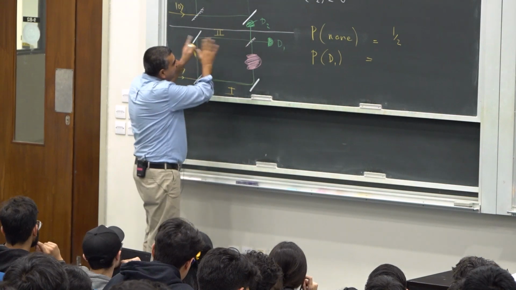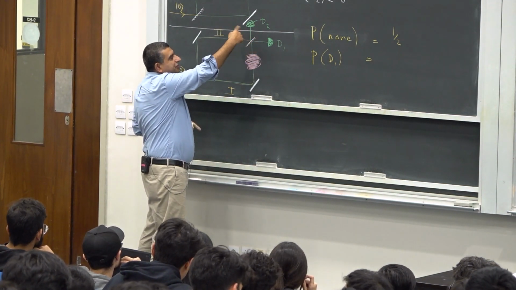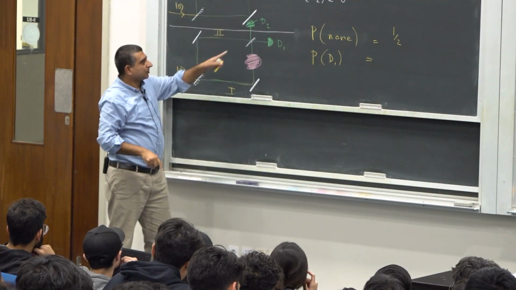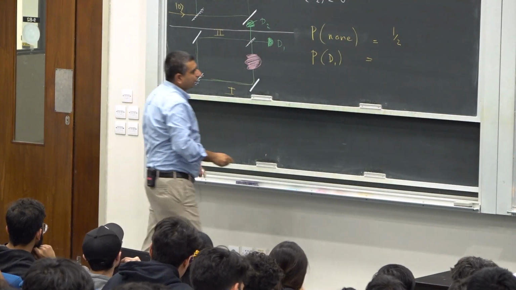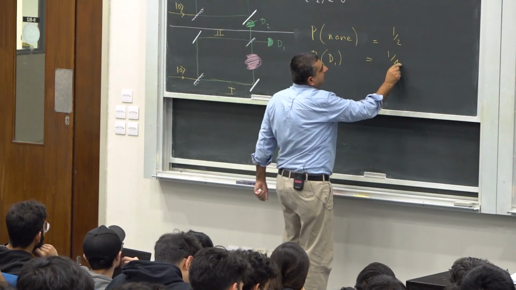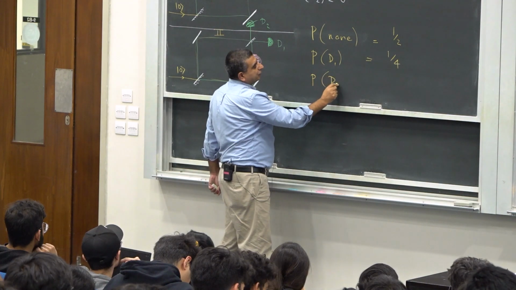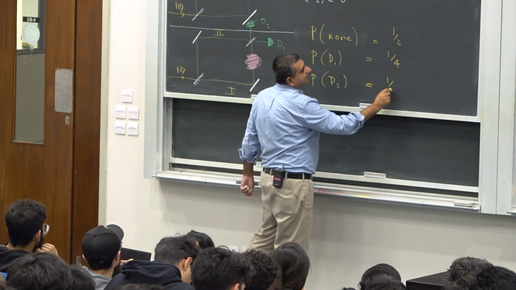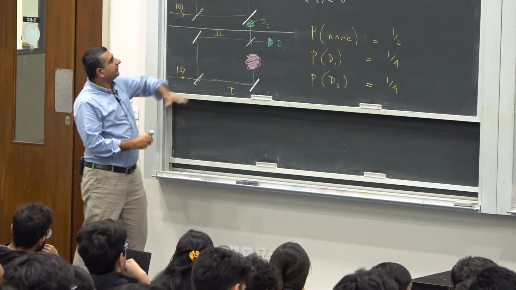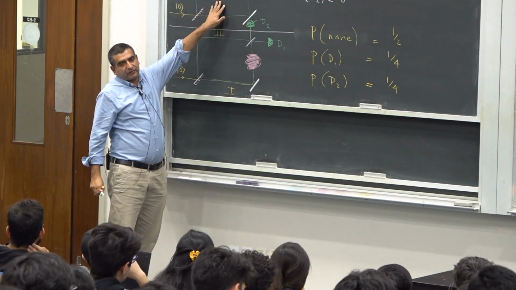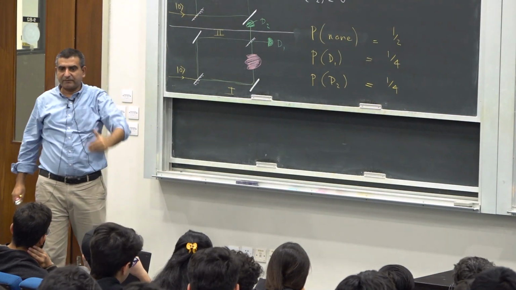Now there's no distinction really between the two detectors, so the probability that D1 alone clicks is 1/2 of 1/2, which is 1/4. And since the probabilities need to be conserved, the probability that D2 clicks is 1 minus all of this, which is 1/4.